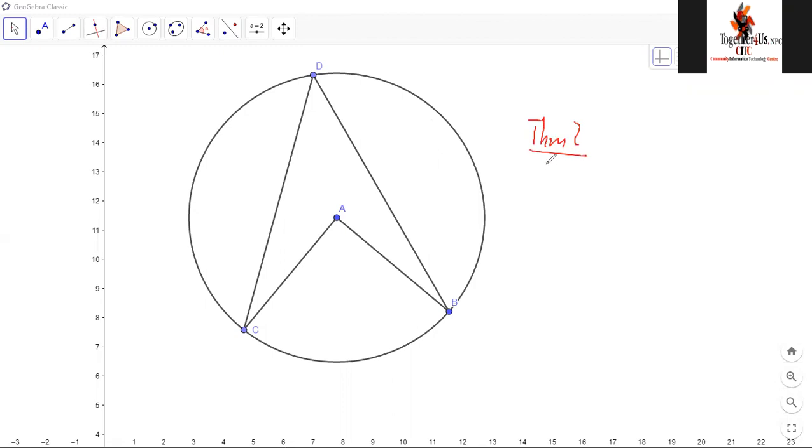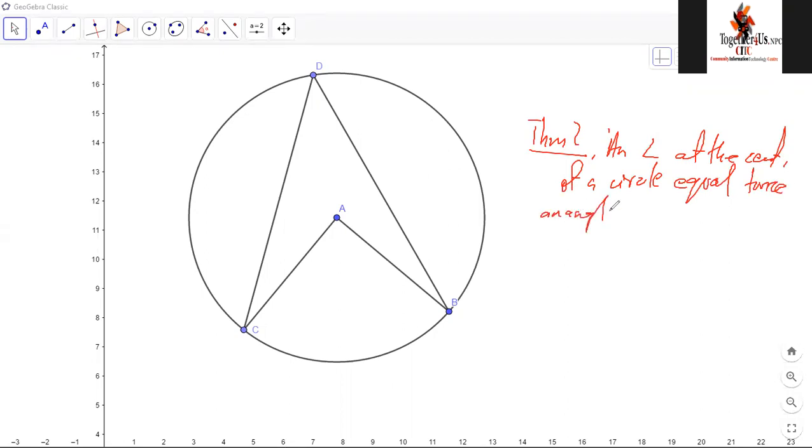Now, what this theorem says is that an angle at the center of a circle equals twice an angle at the circumference subtended by the same arc.